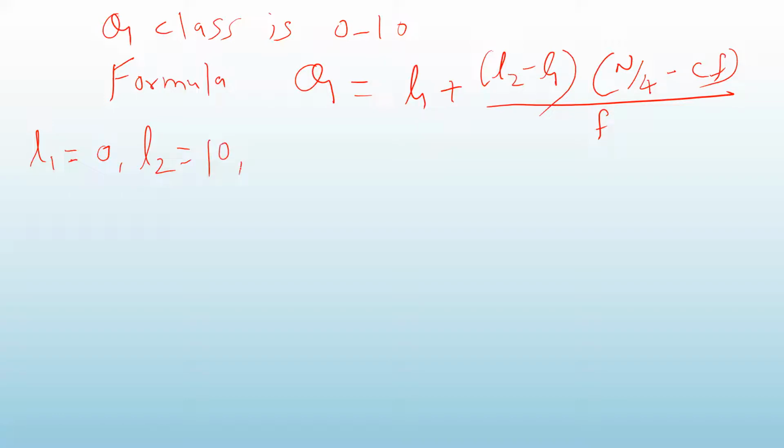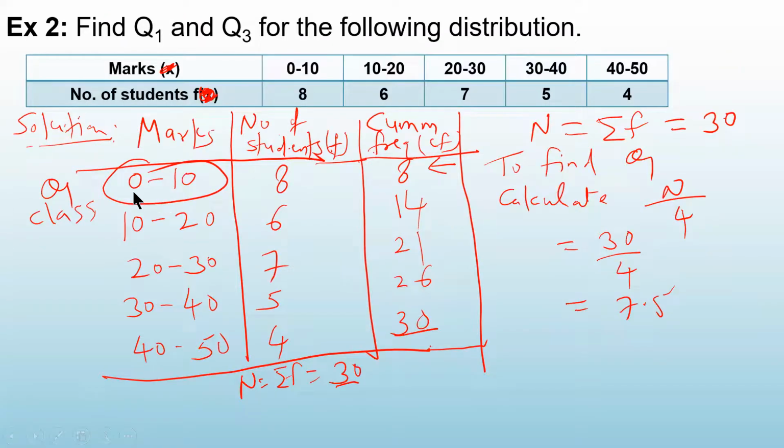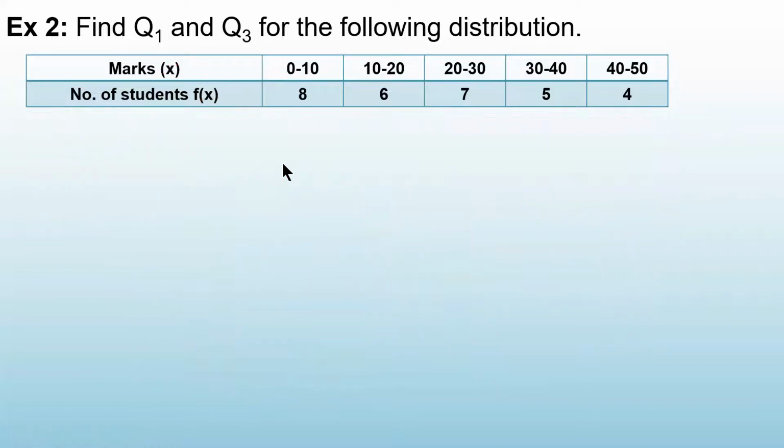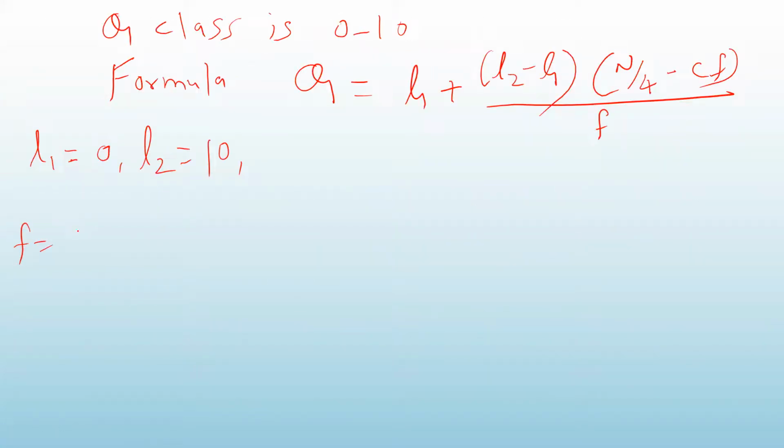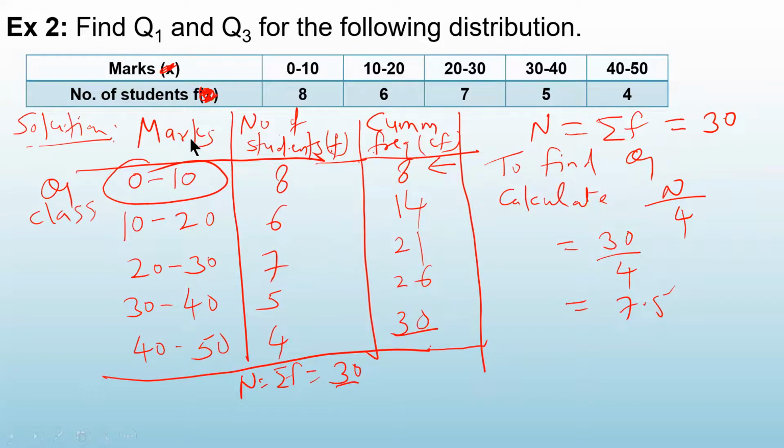Correct? What is F? F is frequency of Q1 class. Go to the table. What is the frequency of Q1 class? It is 8. Okay. What is CF? Cumulative frequency of the class just above this class.